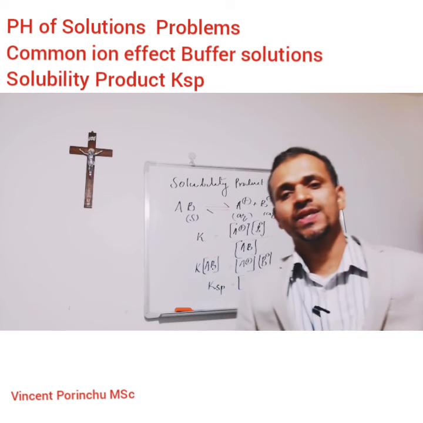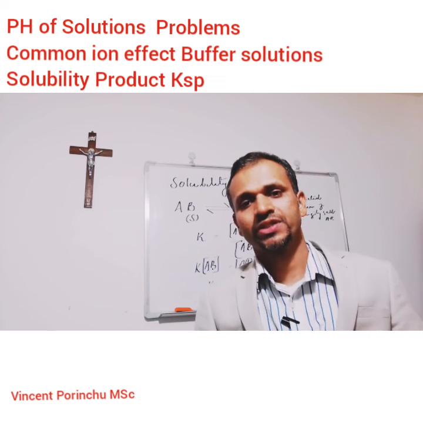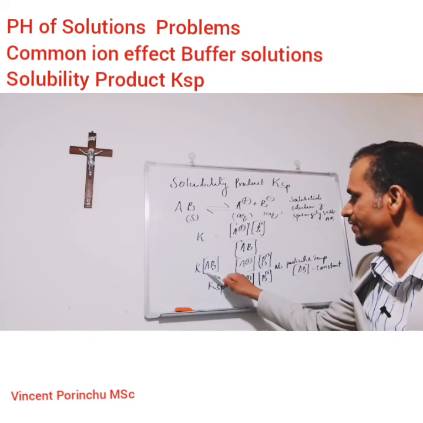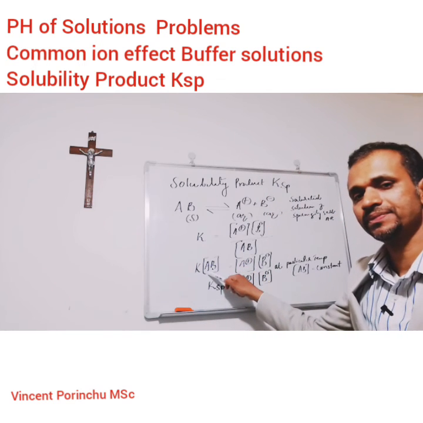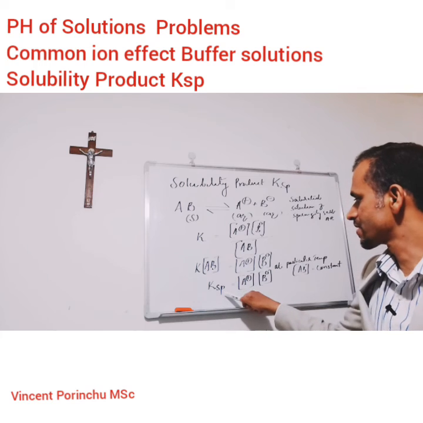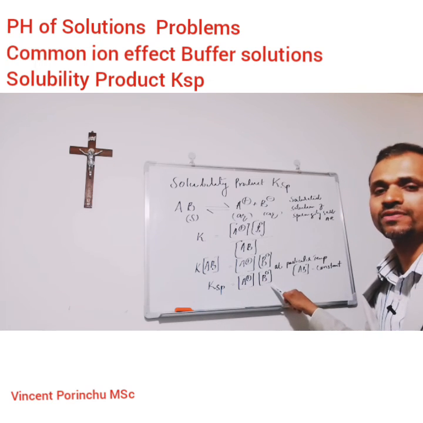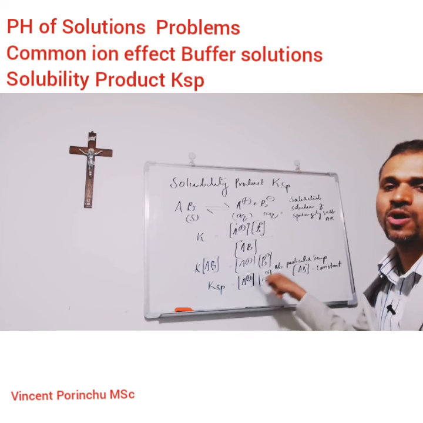Here KSP means the solubility product of AB. KSP is equal to the product of the active mass of the products.